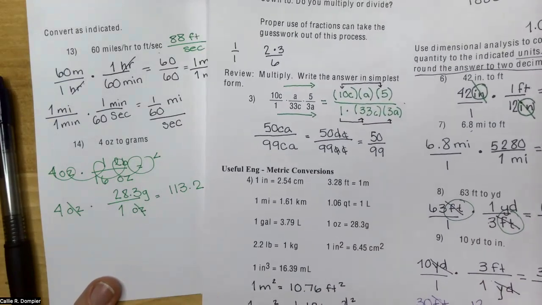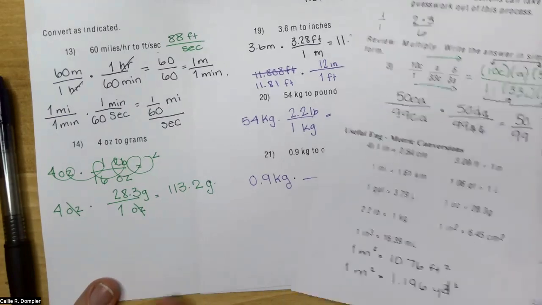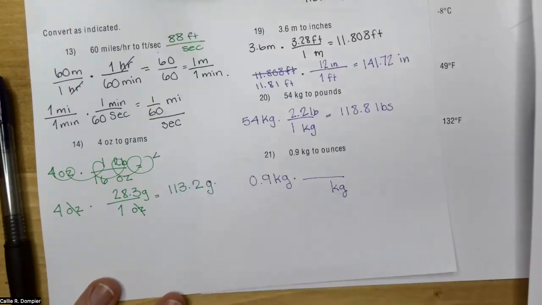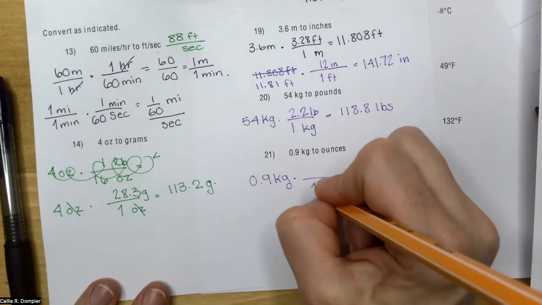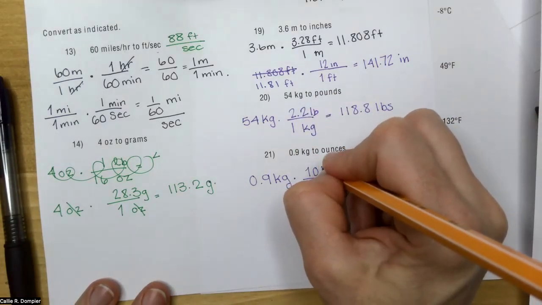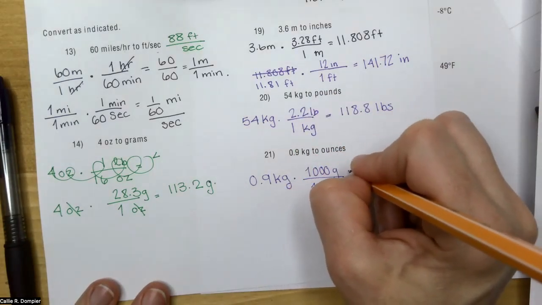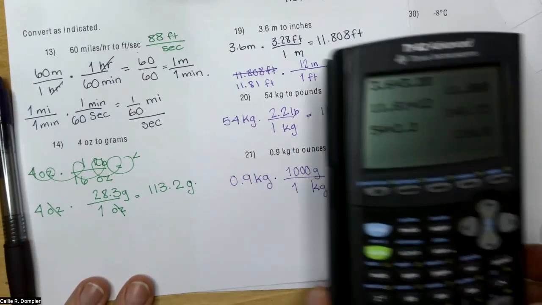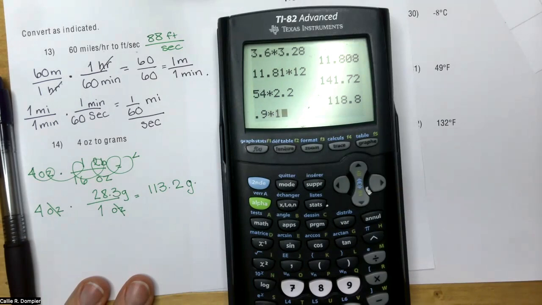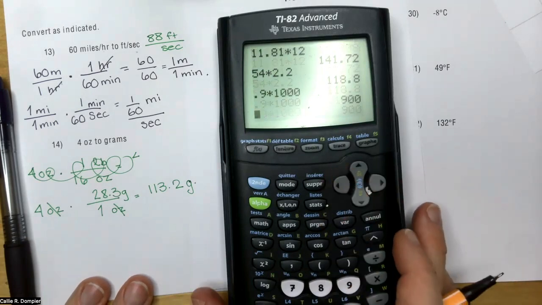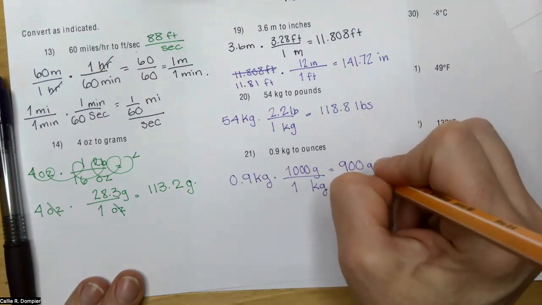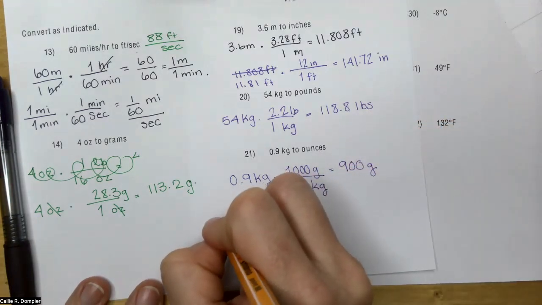So there are many ways to do it, but I'll just convert it to grams and then multiply it by 28.3. Okay. So 1 kilo of something means 1,000 grams. So 0.9 times 1,000 is 900 grams.